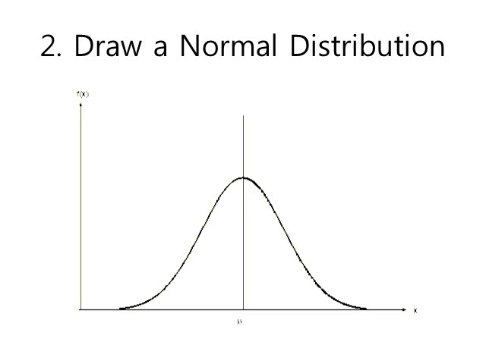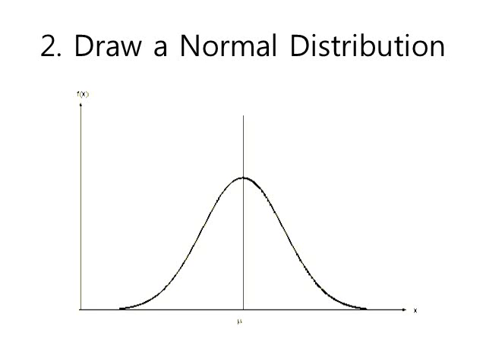Let's draw a normal distribution diagram so that you can understand it better. Let's begin with this diagram. Normal distribution is bell-shaped, and in the middle, the mean is placed.